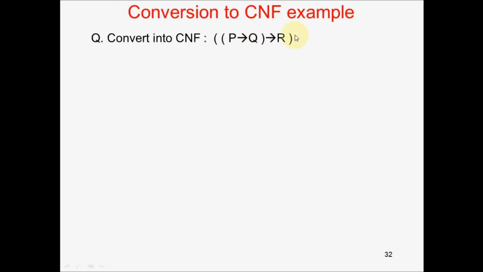Suppose this is the sentence given to you: P implies Q implies R. Now is this in CNF? No. So there is a need to convert this into CNF. As the first step, you are going to eliminate implications, because there are two implications here: P implies Q, and this whole sub expression implies R. So first you're going to solve the innermost bracket.